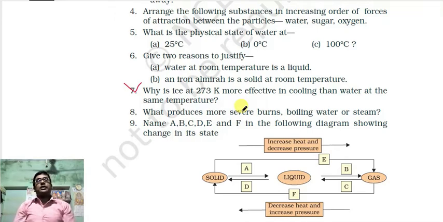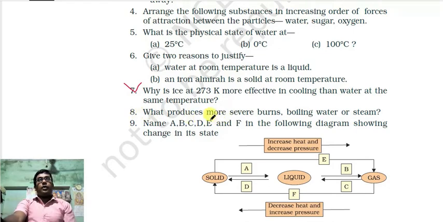That means water contains more heat than ice. Ice gains some energy and converts into liquid. So which will have more energy, ice or water? Water will have more energy at 0 degree centigrade, although both temperatures are same. That's why ice is more effective in cooling at the same temperature.